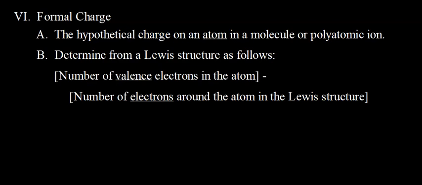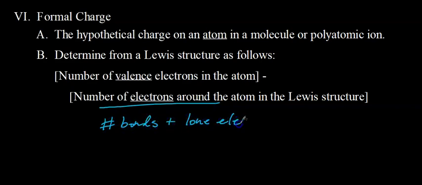You take the number of valence electrons that the atom has. So we've got to do this for each atom in the molecule or polyatomic ion. Take the total number of valence electrons and subtract from that the number of electrons around that atom in the Lewis structure. Now let me clarify. So that second part here is the sum of the bonds and lone electrons.